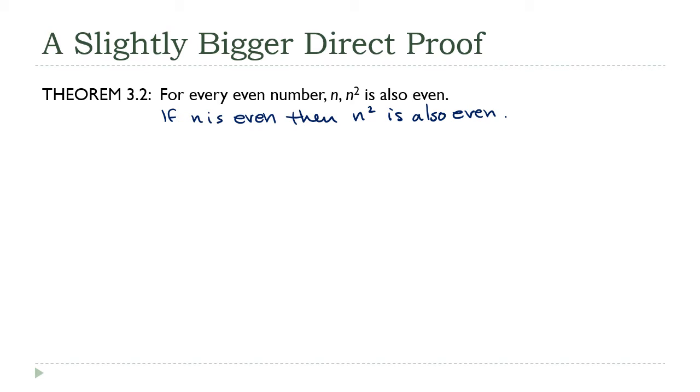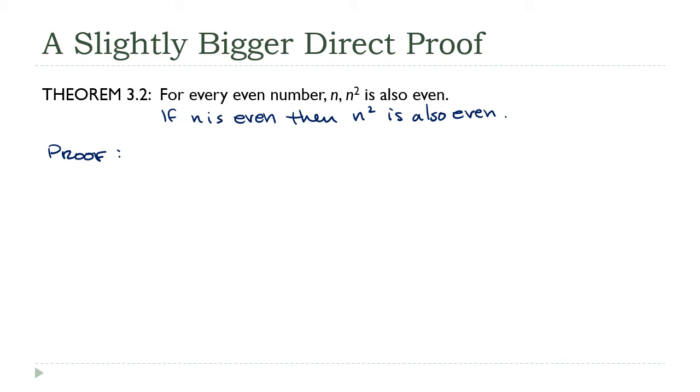Okay, so let's start off our proof here. I don't really need to do the universal instantiation part because I've already been given a variable. I was told in the theorem that n is an even number. There's no need to restate it. I'm just going to play off of what we already have up there, and go directly to applying the definition.